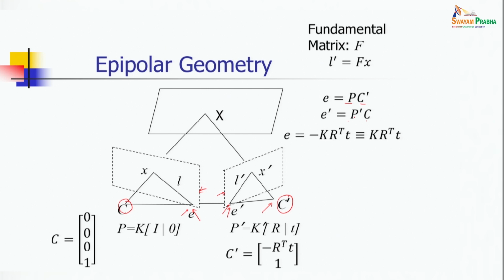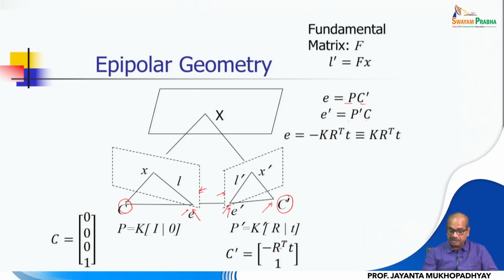So from there I can get the epipole E equal to, say, minus KR transpose T, because this is the multiplication. If I multiply P with C prime, it will be K minus R transpose T. Now since the negative scale is up to projective scale, I can also write it in this form, K R transpose T.